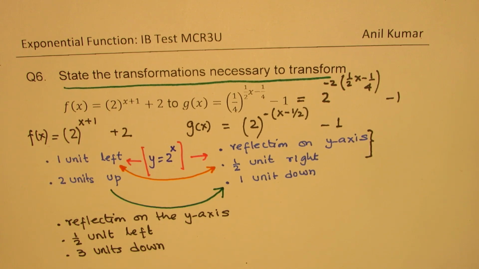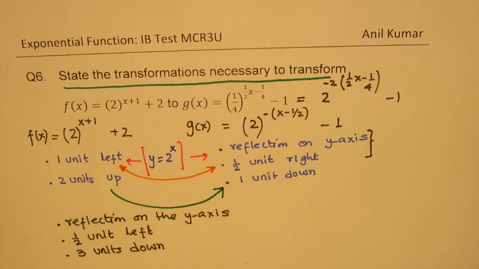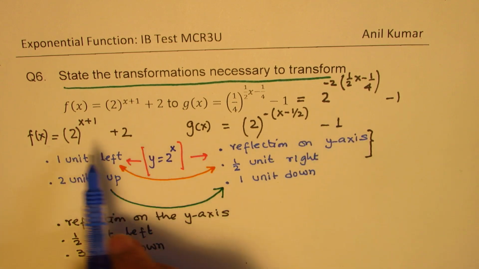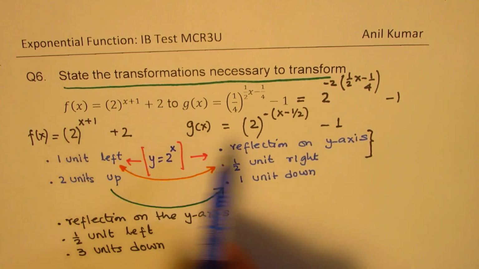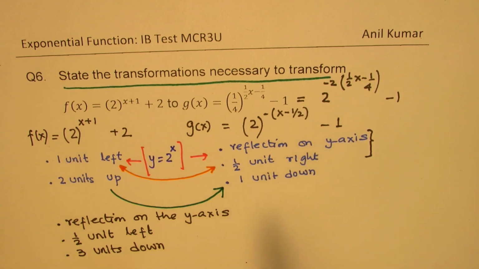Correct? Now we could also consider the transformation using the transformations itself. We could rewrite this function g of x in terms of x plus 1 to give you an idea how to write from here to this place and then explain.